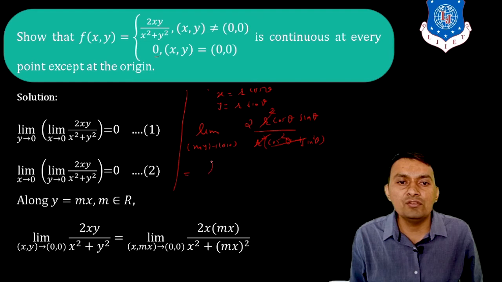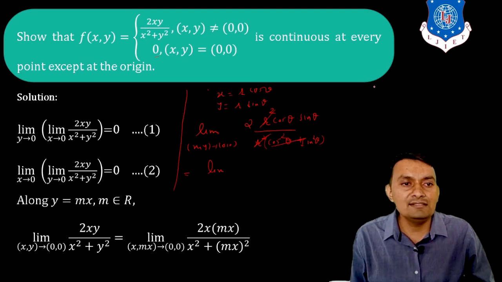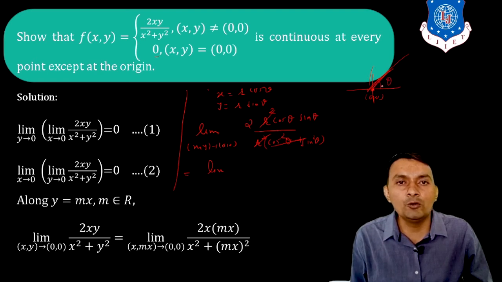Now what can we say about that? This is a function of r and theta, but this is not the case. When we understand graphically, our target is to reach the origin, that is (0,0). If I reduce the values of r, whether I come from here, or from here, there is no issue about the angle.